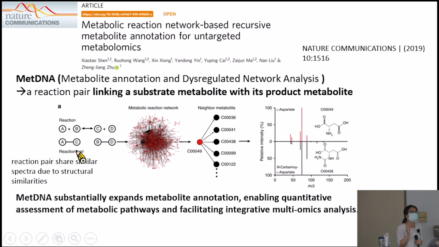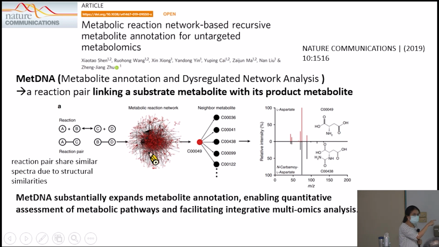Based on this idea, they create the substrate metabolite and product metabolite as a reaction. Based on this, they can create a network, and then you can upload your sample and, based on this network reaction, predict what might be generated in your samples.